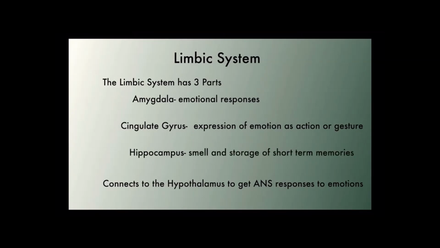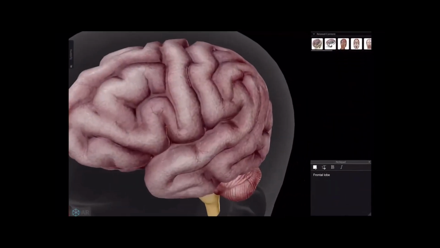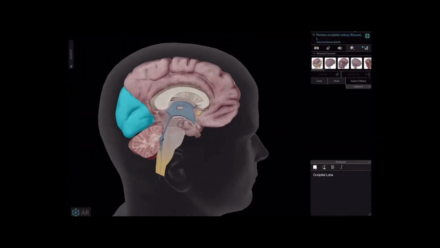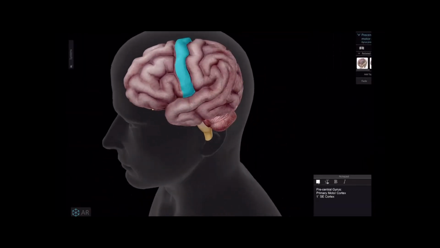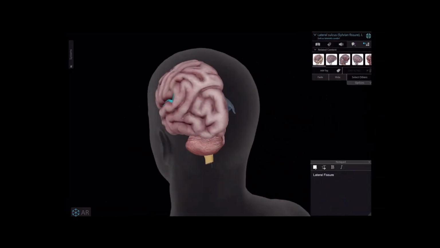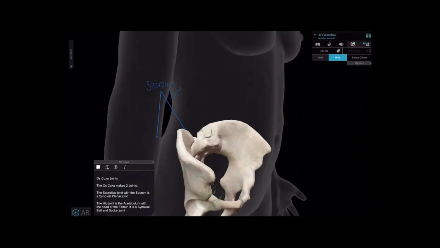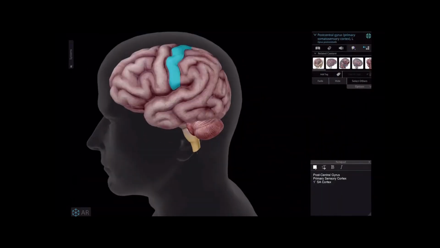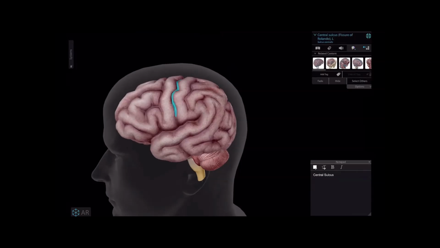Let's take a closer look at this. There we have a groove, a lateral sulcus. That's our post-central gyrus, central sulcus.